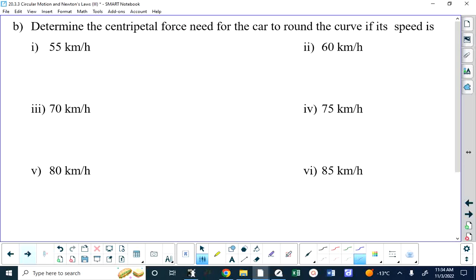What's the centripetal force needed, which is the net force, if the car is going to travel at 55 kilometers per hour? Well, the net force, which is the centripetal force, is ma, but the acceleration is a special acceleration. It's centripetal acceleration, which is v squared over r.